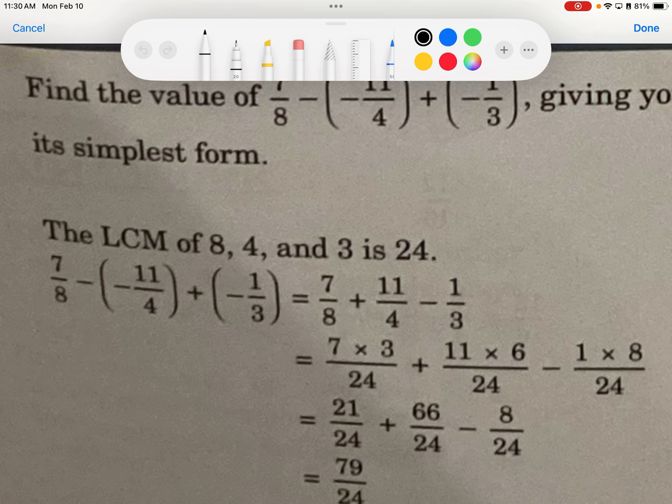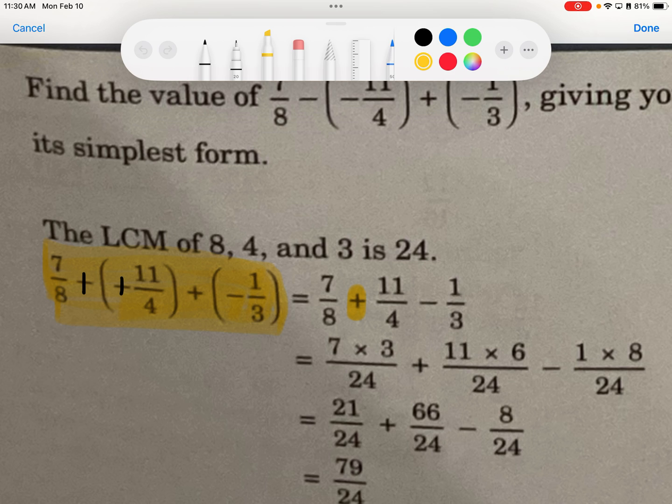Okay. So when we look at this, first we're going to start out thinking through addition and subtraction of positive and negative numbers. We can see that we have a minus a negative, so that turns into a positive. So that's why that subtraction sign turns into an addition sign there.